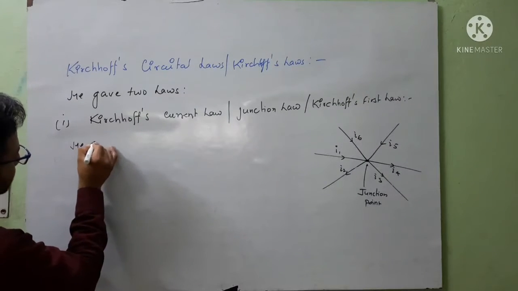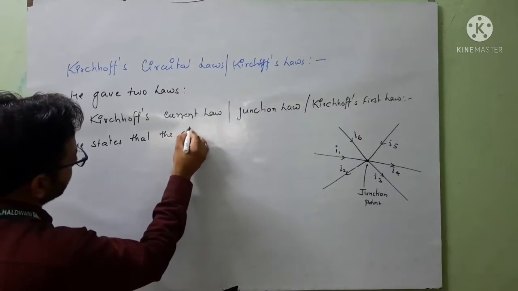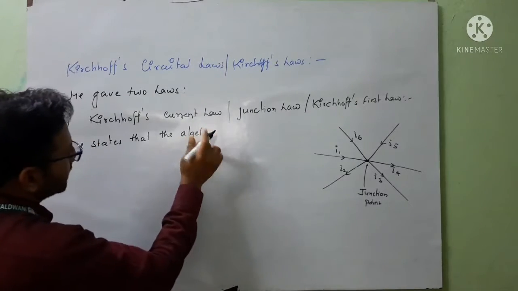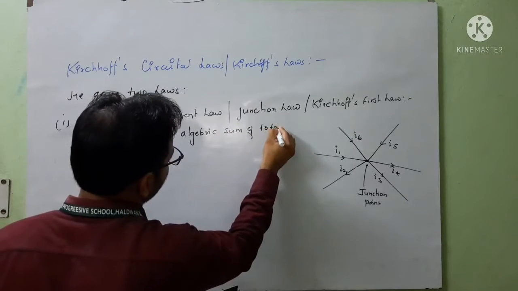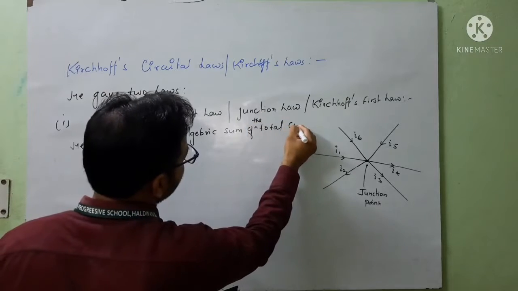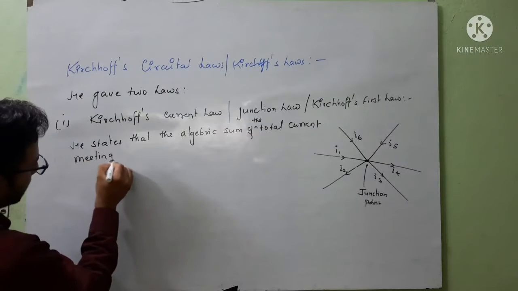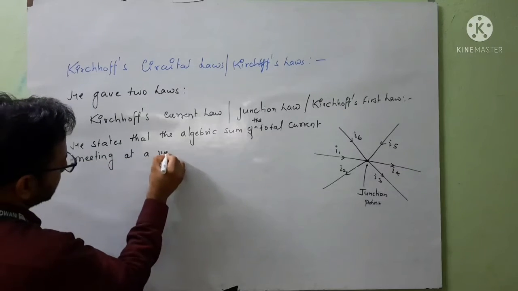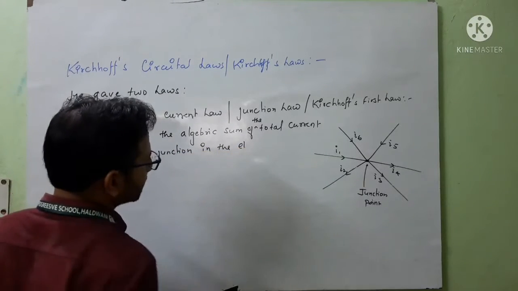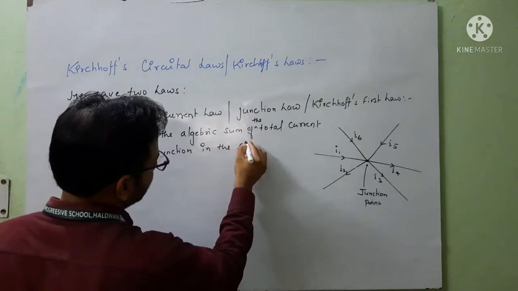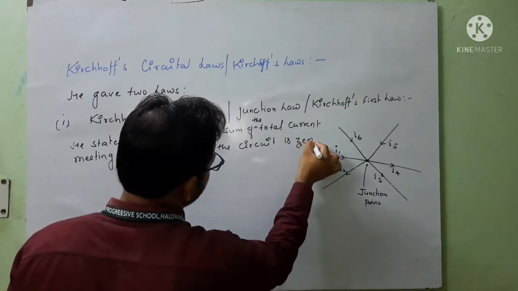So Kirchhoff gave a statement regarding his first law. He states that the algebraic sum of the total current meeting at a junction in the electric circuit is 0.